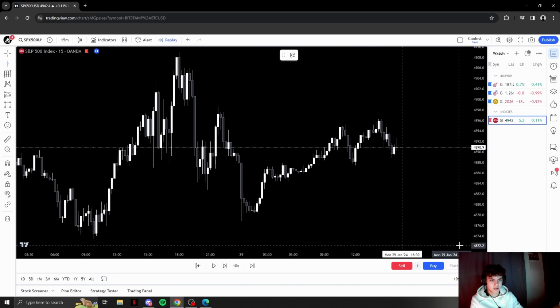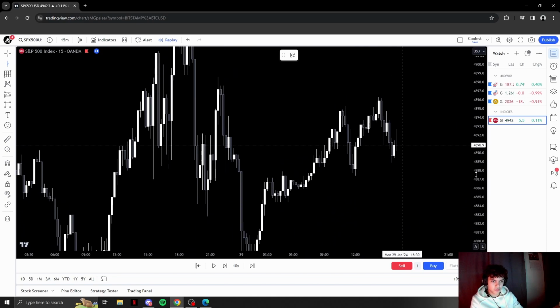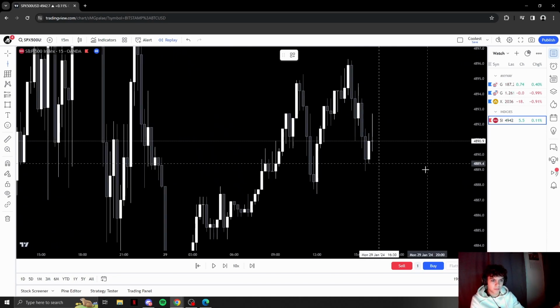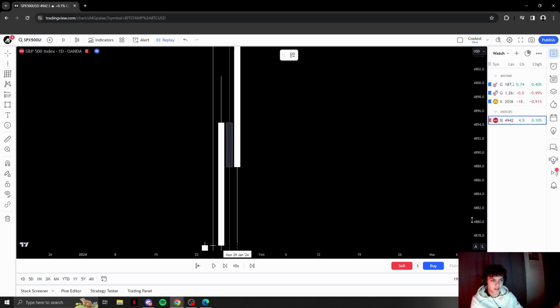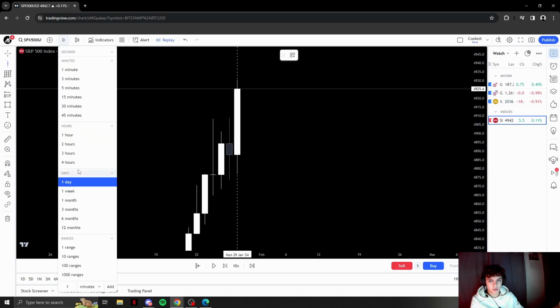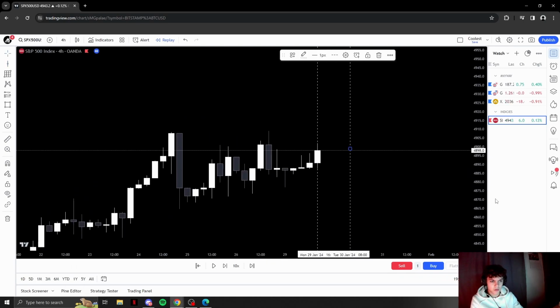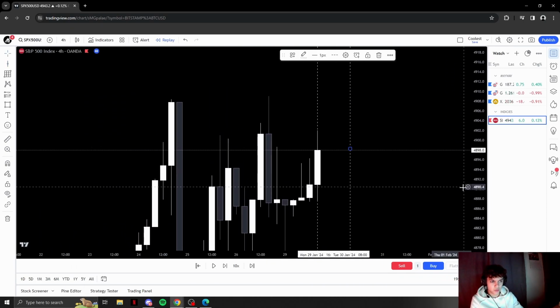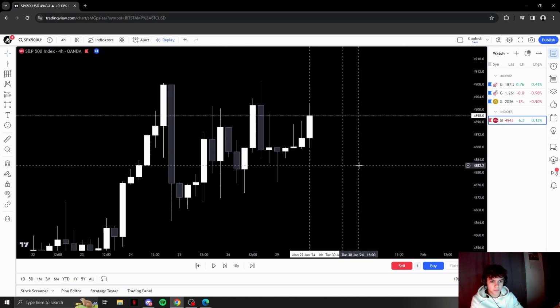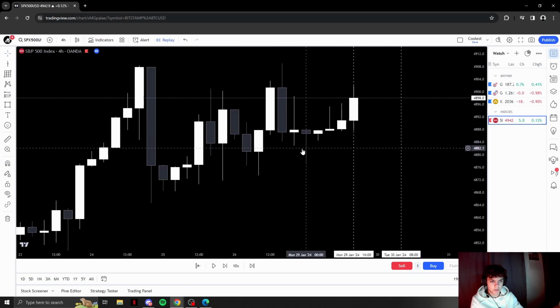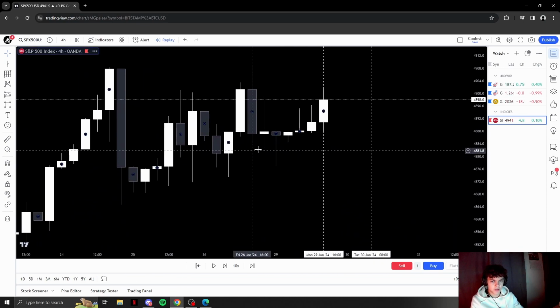Let's say we're bullish right here. As you can see, we're bullish on the daily time frame, also bullish on the 4 hour time frame. Okay, so that's good. We also sweep out this liquidity right here, this low.